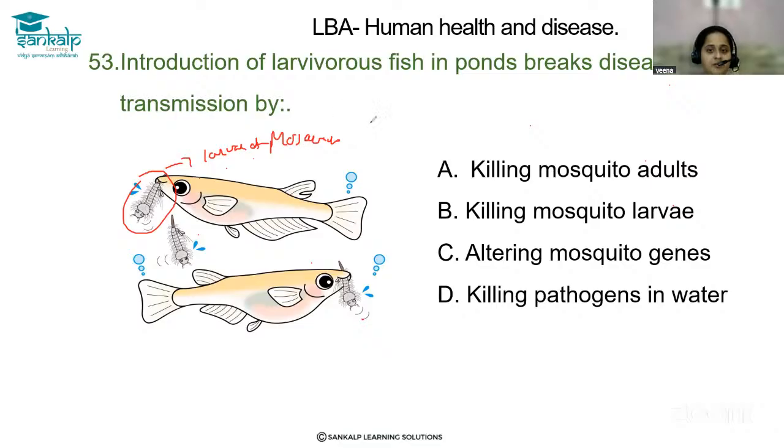In ponds and all, they introduce this larvivorous fish so that the mosquito breeding population will be controlled. Here they are involved in killing mosquito larvae. So the correct answer is option B, that is killing mosquito larvae by feeding on them.